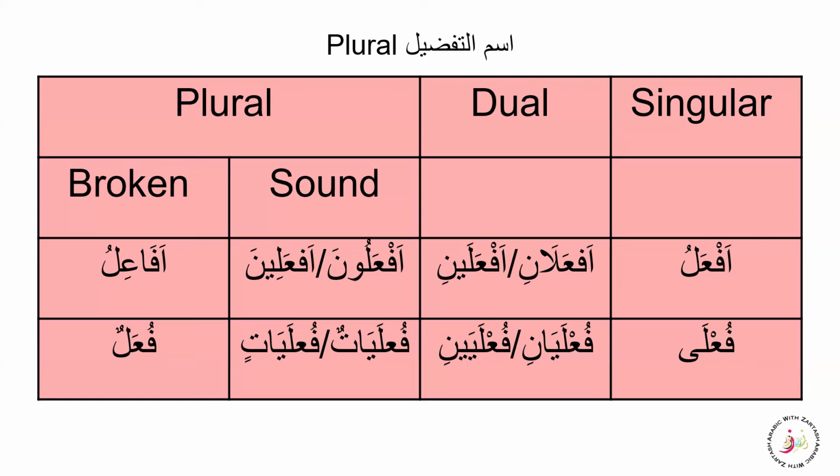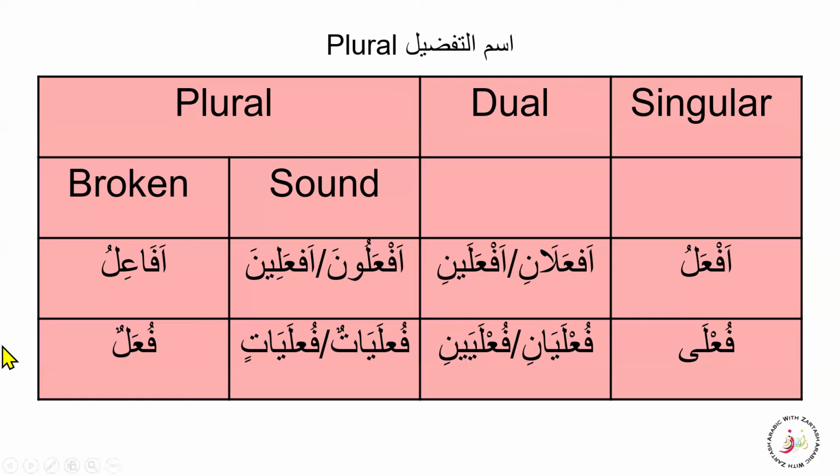Then broken is afailu. For the feminine, we know that it is on the pattern of Fola. Its dual form will be Folayani. And then we have its nasab and jar, Folayaini, Folayaini. Sound versions are Folayatun, Folayatin, Folayatin.